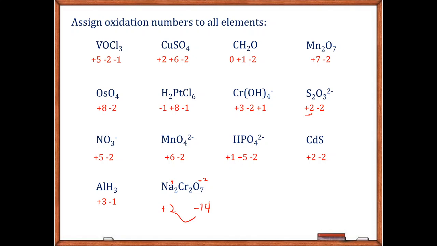So overall, we're left with -12. We don't have any overall charge here, so these two chromiums have to balance this. Dividing by 2 gives us a -6, so each chromium has to balance a -6. So here we'll say that chromium is a +6. And if we check our answer, that's exactly right.